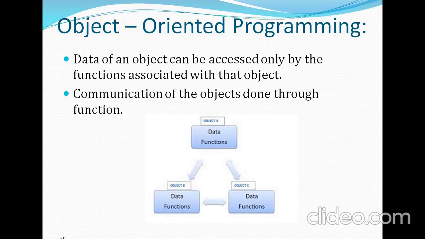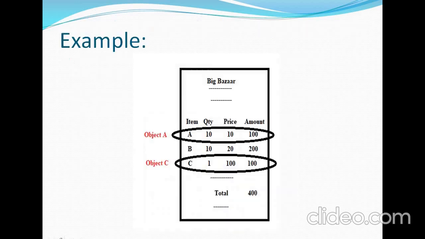Nowadays, everything is object oriented. Suppose you go to a supermarket, and after buying the items, we get a bill. Just watch how that bill is represented. Suppose there is a big bazaar.